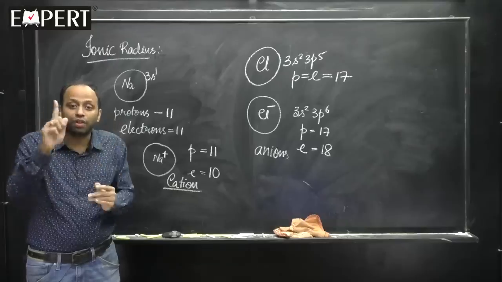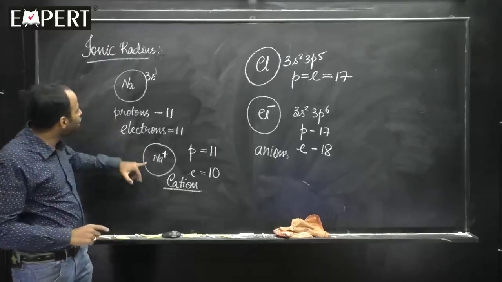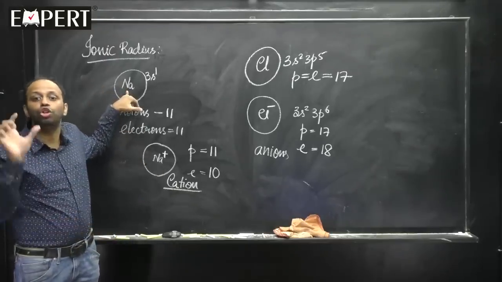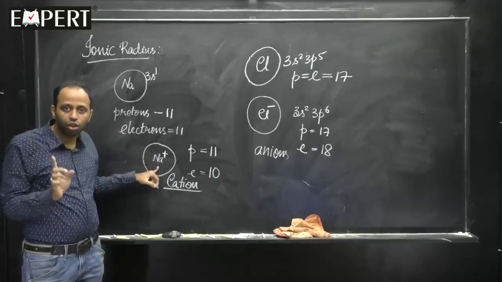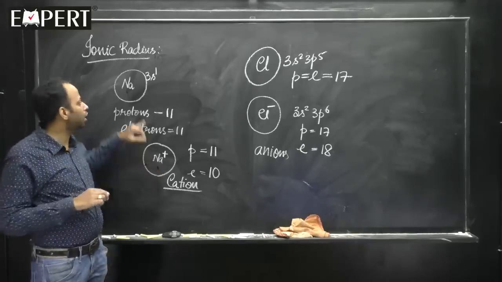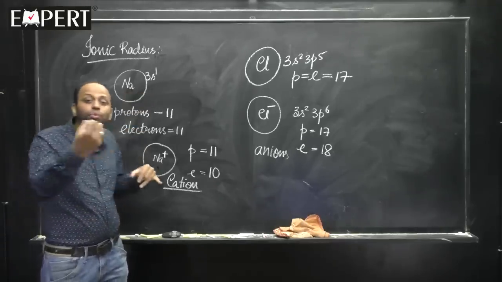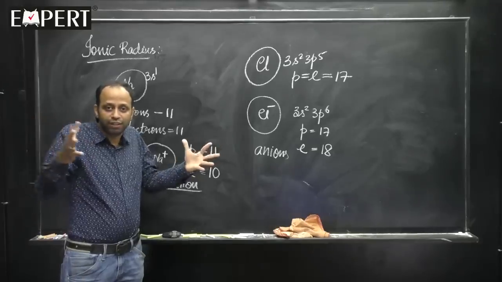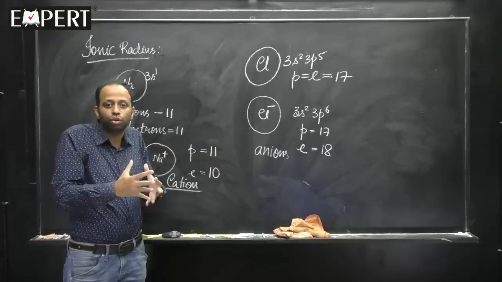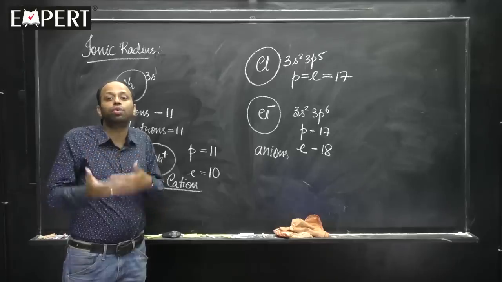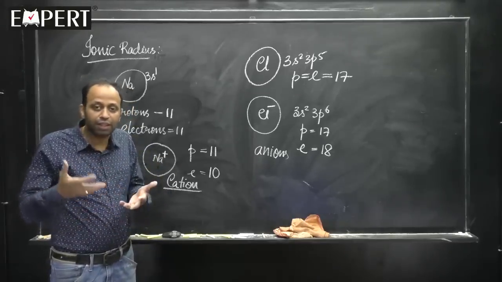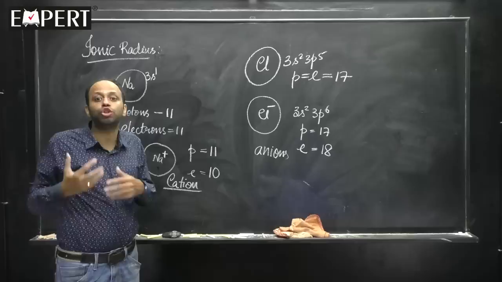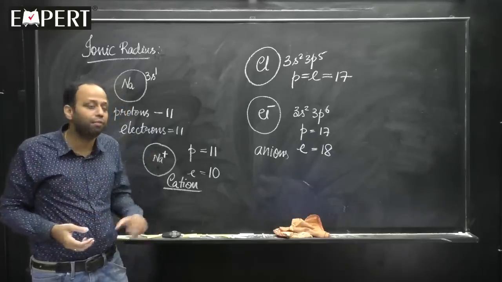So, the size of the cation is always smaller than the neutral atom, because you are removing electrons. The nucleus can pull the electrons even closer. So, effective nuclear charge will increase. The outer electron will experience more force of attraction than before.